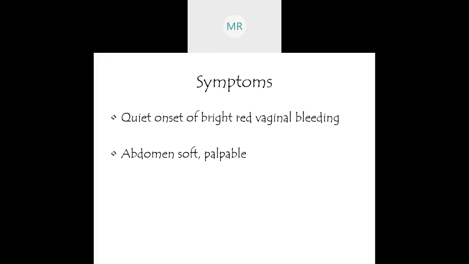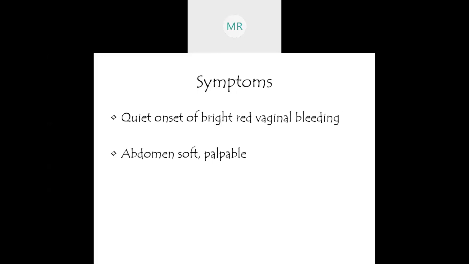Now, symptoms. It does have a painless, quiet onset of bright red vaginal bleeding. Painless. So her abdomen is still soft, her abdomen is still palpable, vital signs are stable, but she could be in hypovolemia. She could be in shock, she could be anemic, she could have an infection.